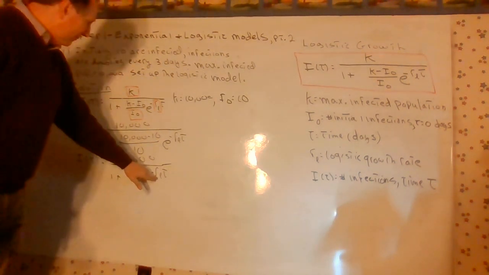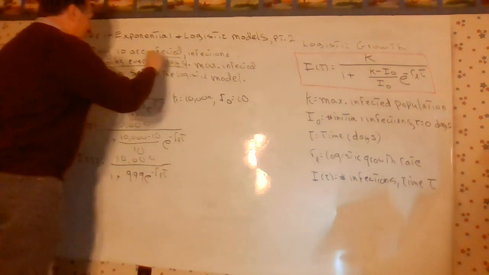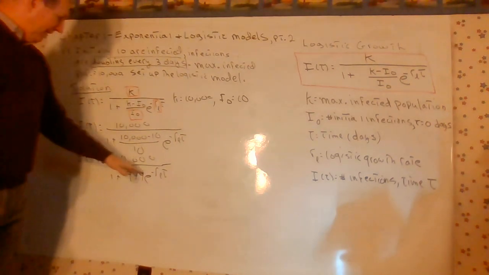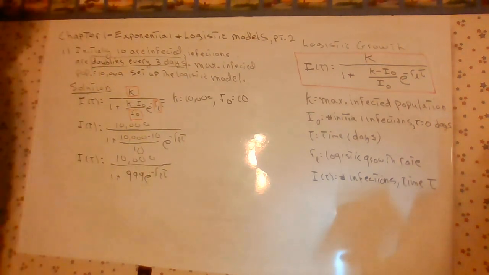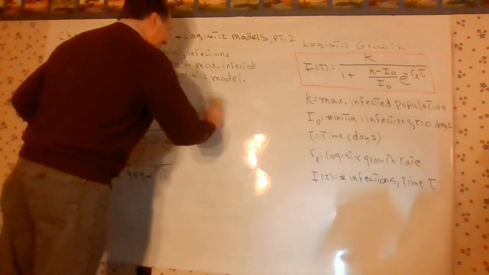Then, of course, the only thing we're missing is R_L. Like before, that tells us how fast the growth rate is logistically speaking. You have to know some data point in the future. It doubles every 3 days. So let's go ahead and figure that out.